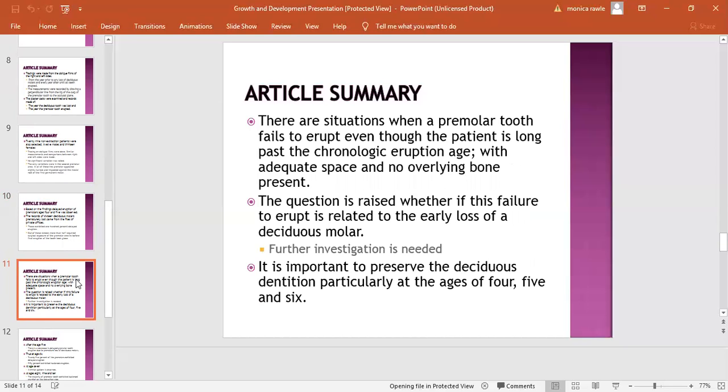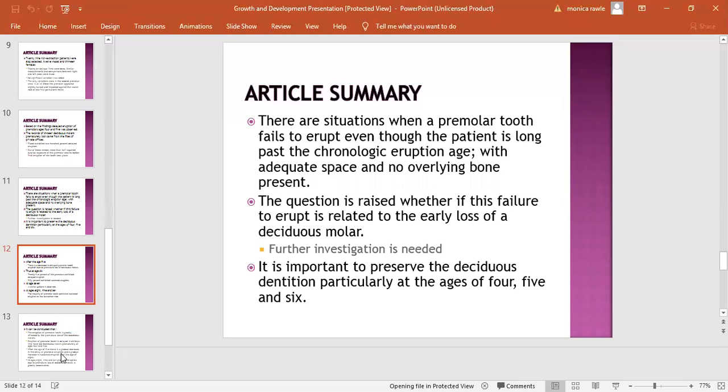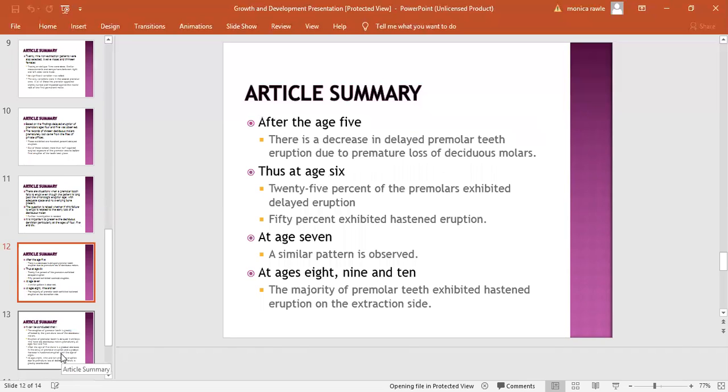So it is important to preserve the deciduous dentition, particularly at the ages of 4, 5, and 6. After the age of 5, there is a decrease in delayed premolar teeth eruption due to premature loss of deciduous molars.